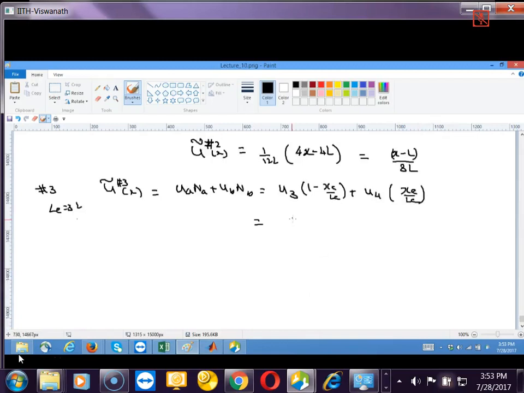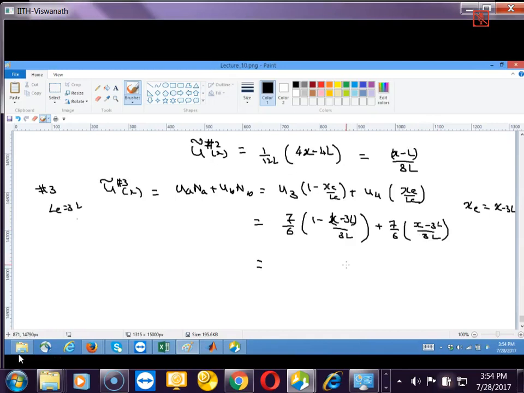So here U_3 is 7 by 6, and x_e is equal to x minus 3L. So 1 minus (x minus 3L) by 3L plus 7 by 6 times (x minus 3L) by 3L.